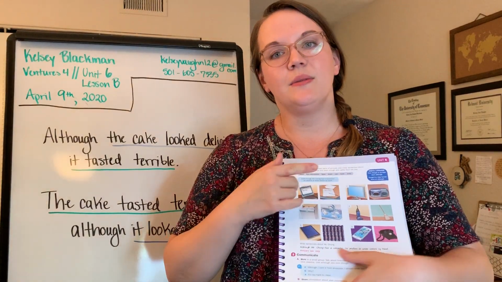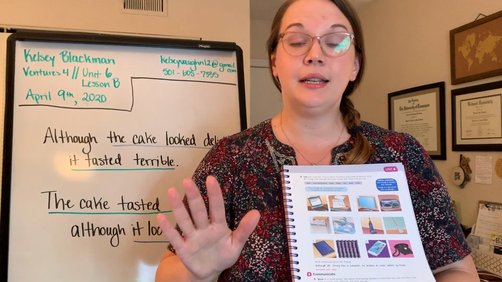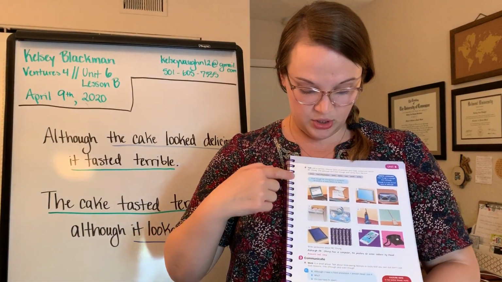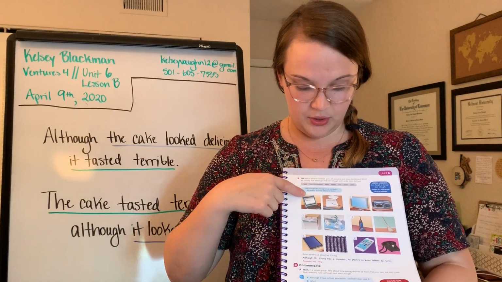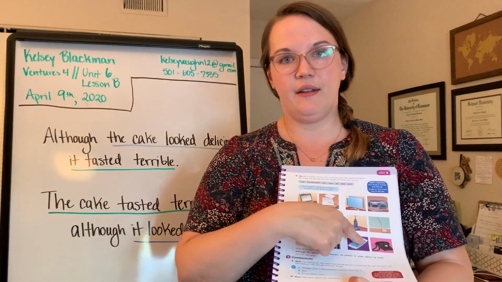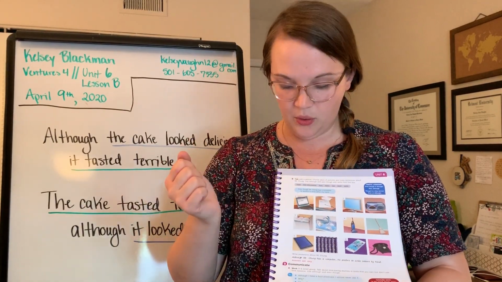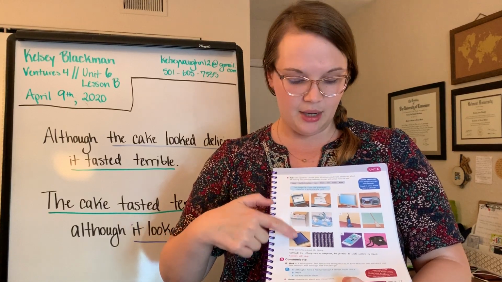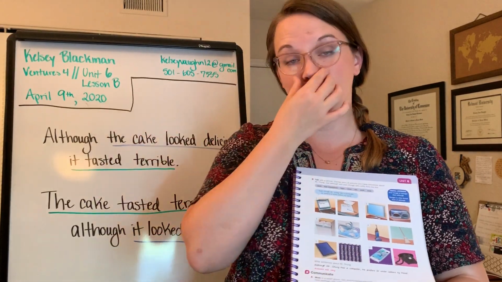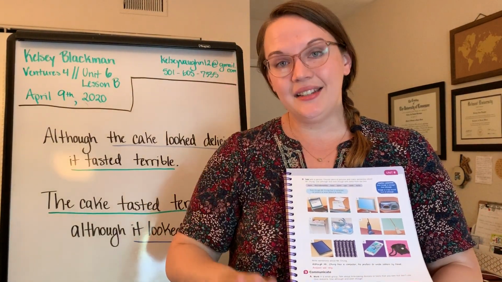What I want you to do is pick at least 2 of them. You can definitely do more if you would like to, but number 1 is already done. So there are actually only 5. So pick at least 2 of them. You could do maybe number 2 and number 4. You could do number 3 and number 5. You could do number 5 and number 6, whichever ones you prefer. But at least 2 of them.